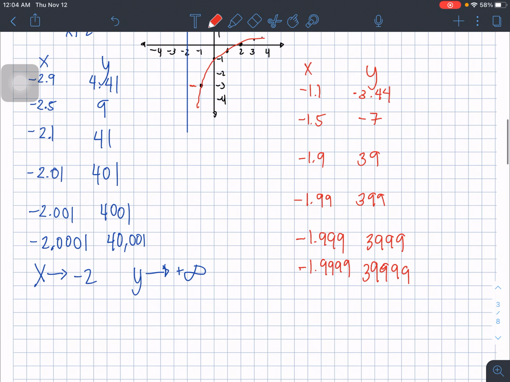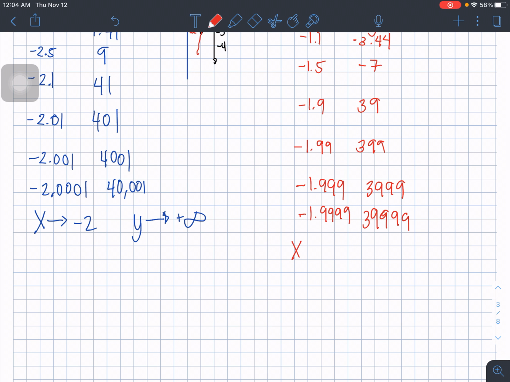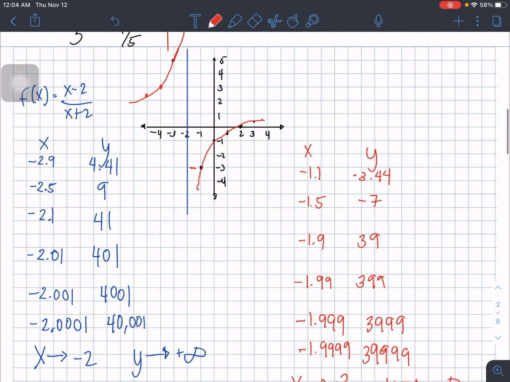So as you could see, if we try to approach the value of negative 2, our y also approaches negative infinity. So if we try to plot these points, the graph will proceed in this direction, infinitely downward the Cartesian plane as it approaches this boundary line.